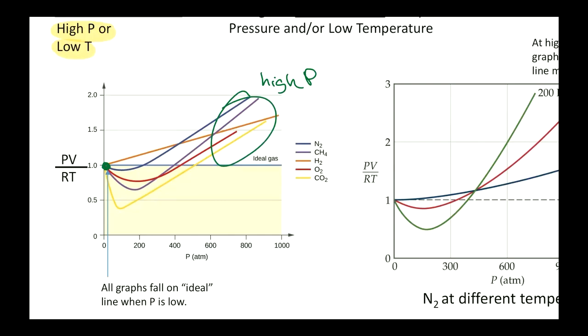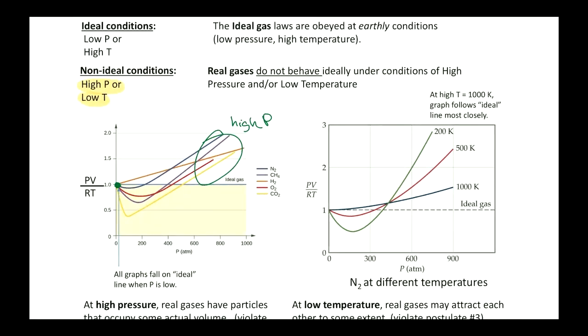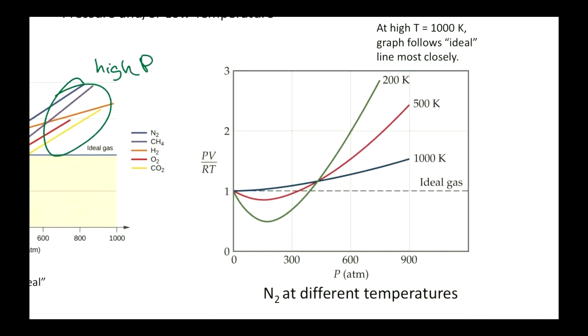What's the other condition for non-ideal? Low temperature, all right? And that's what this graph shows. Remember, this line means an ideal gas, and here are 3 different samples of gases at different temperatures. It's the same thing, increasing the pressure. We see at low temperatures, this gas changes away from ideality a lot because it's at low temperature. But if we look at a sample that's really, really hot, like 1000 Kelvin, does that blue line deviate as much as that green line?